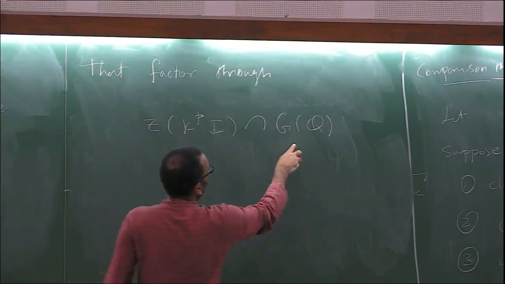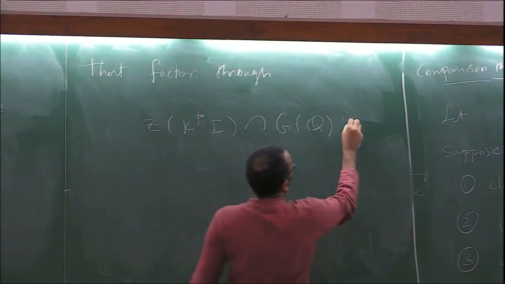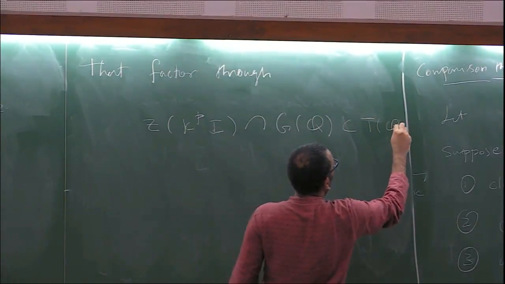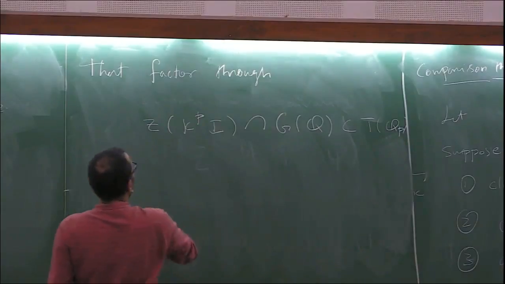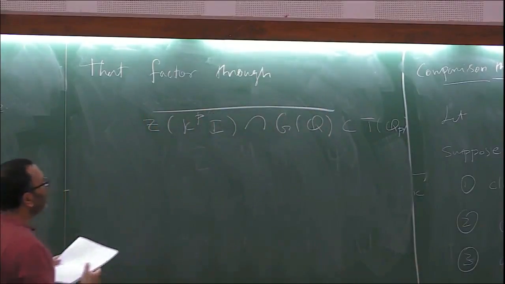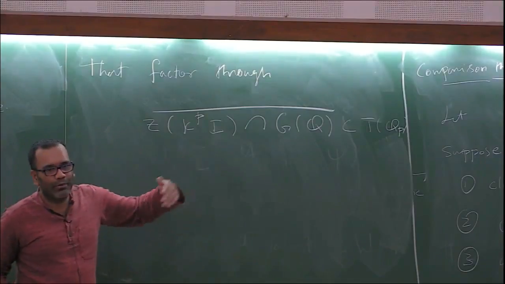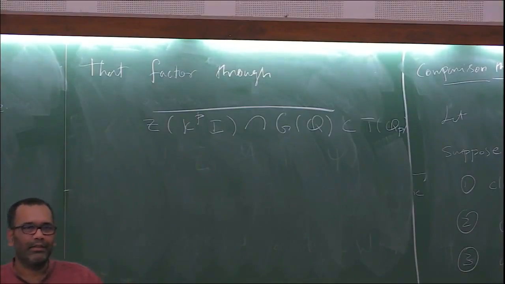The G(Q) sits diagonally inside the finite ideles, so I can view this as a subset of T(Q_p). Here Z is the center, and I just take the closure of this. This is equivalent to, for example in Hilbert modular forms, the condition that there's some parity condition.